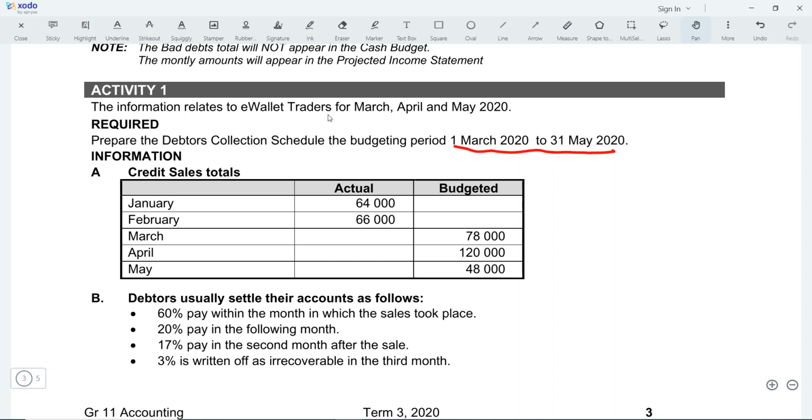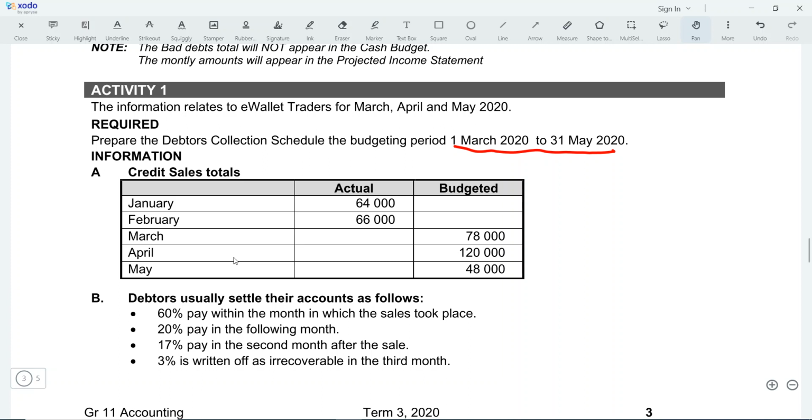You're also going to need what we call the debtors collection policy. It will give you an idea of how long your customers are going to take to pay you and how exactly they are going to pay you. So it is very important for you to understand how to interpret the debtors collection schedule.